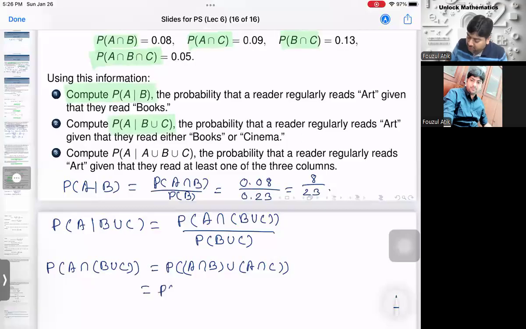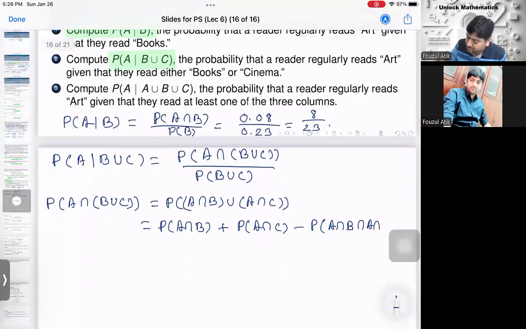So it is equal to P of A intersection B plus P of A intersection C minus P of A intersection B intersection A intersection C. Note that all of them are intersections, while A is repeating.